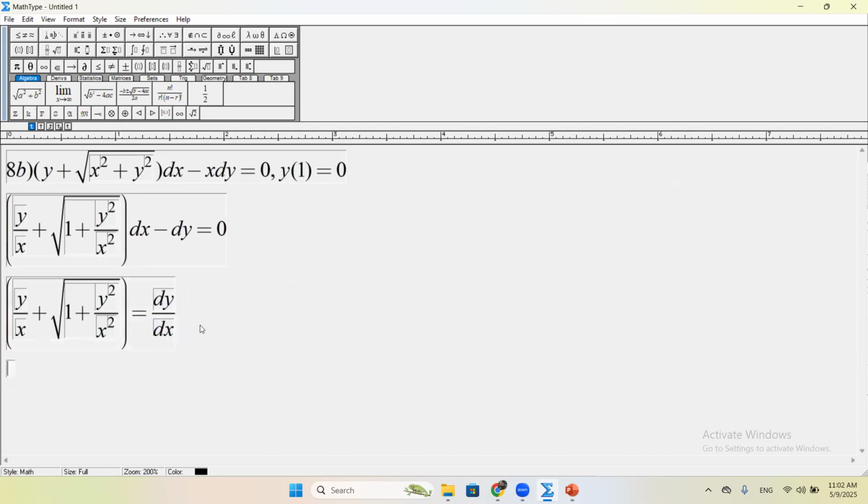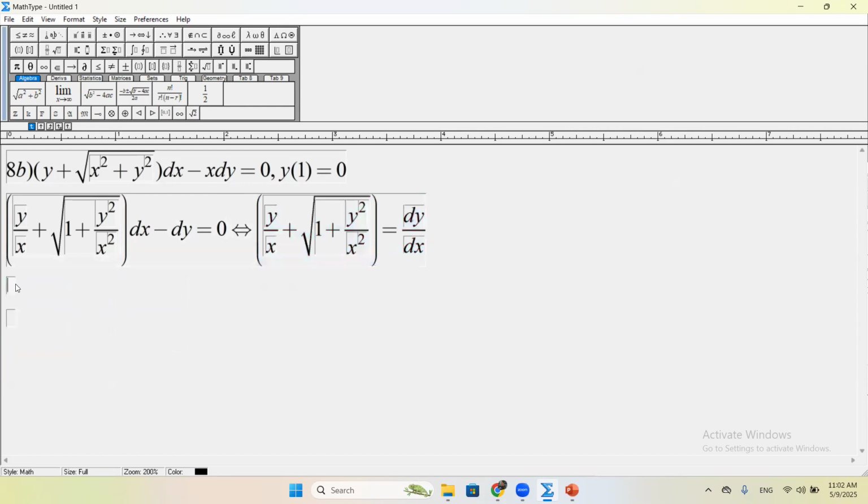So y over x equals u, then y equals ux, y prime equals u prime x plus u.